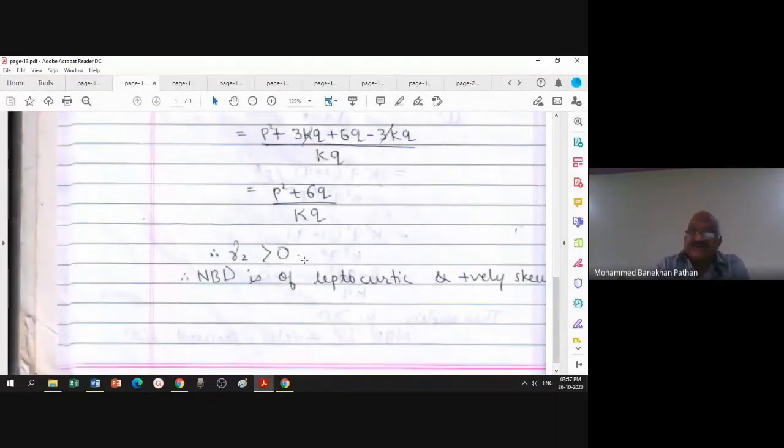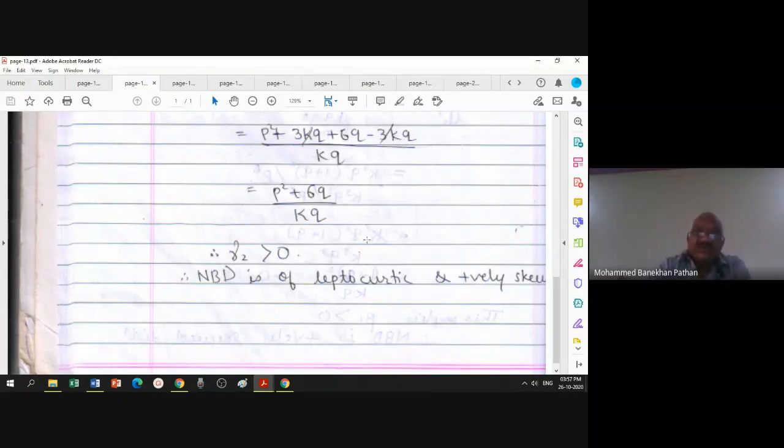So from this calculation, you have to remember the nature of NBD is positively skewed and leptocurtic. This remark is very useful to solve multiple choice questions.